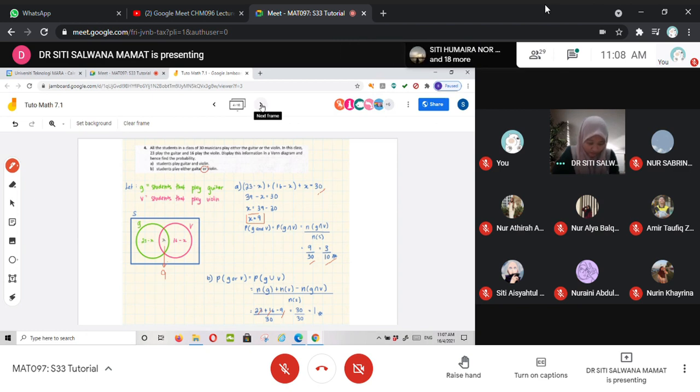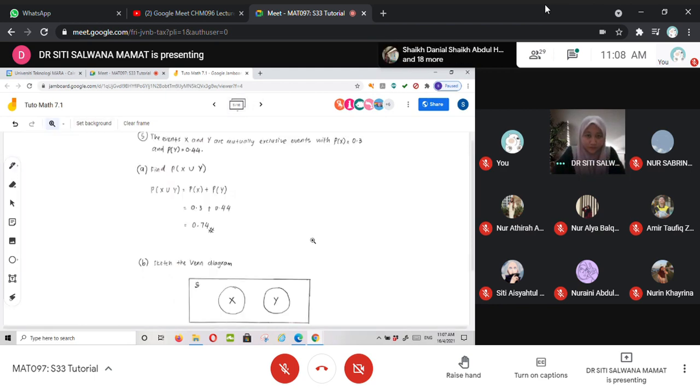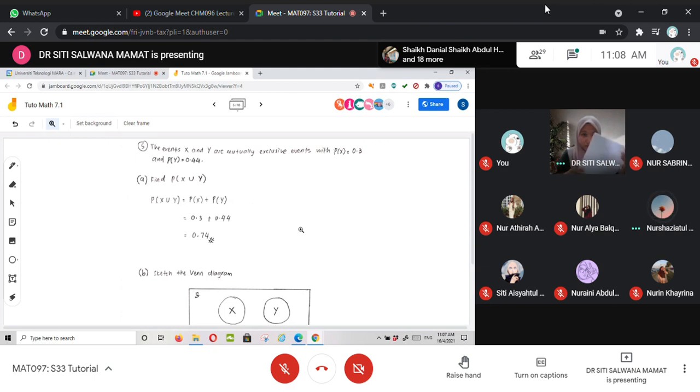Okay, next we proceed with number 5. Okay, this one, which group? Group 5. Okay. So for the events X and Y, mutually exclusive events with P(X) equal to 0.3 and P(Y) equal to 0.44. And for A, find P(X union Y).